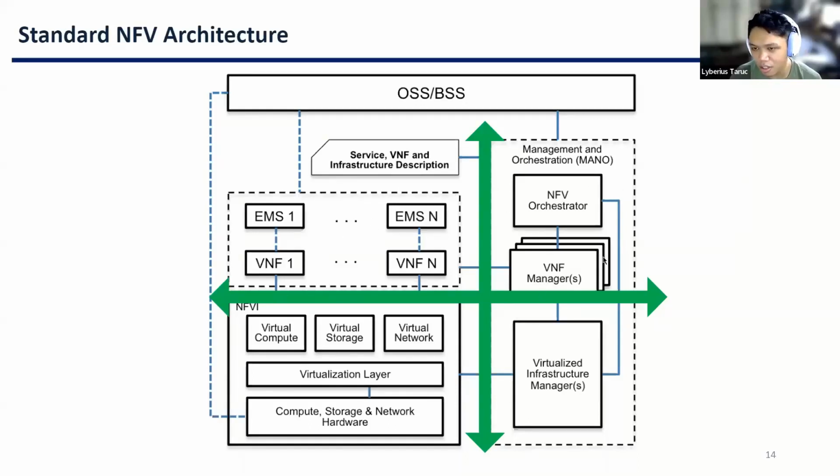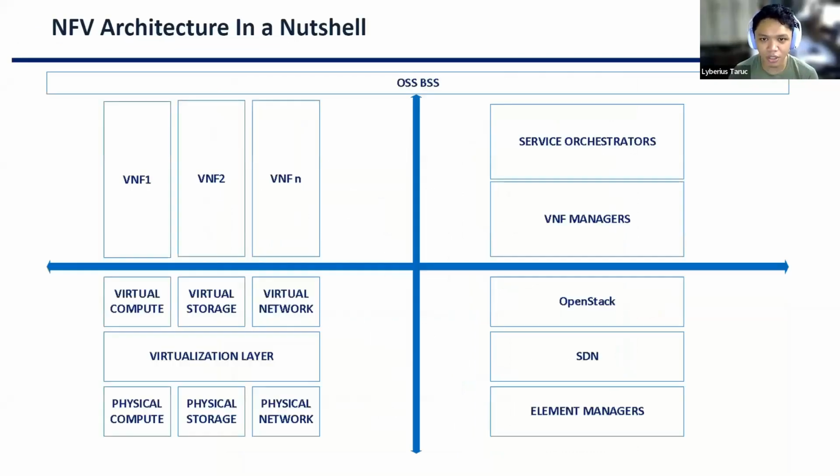The ones on the right are your orchestration. We can further simplify this architecture this way. Platform is what's below, what's above are the services, what's on your left are the resources, and what's on your right is orchestration or management.